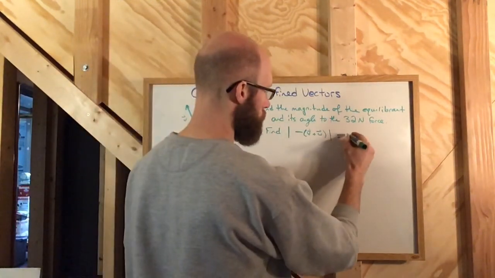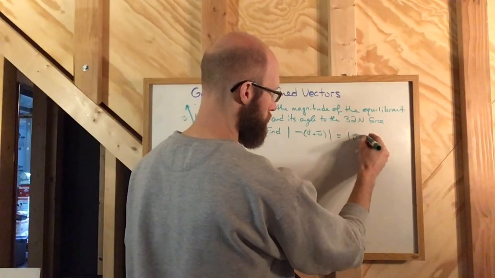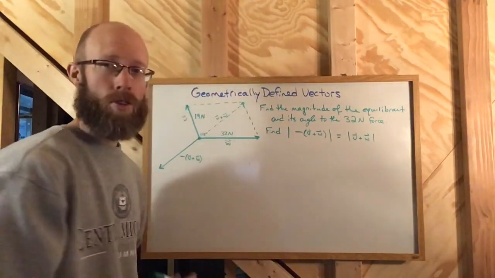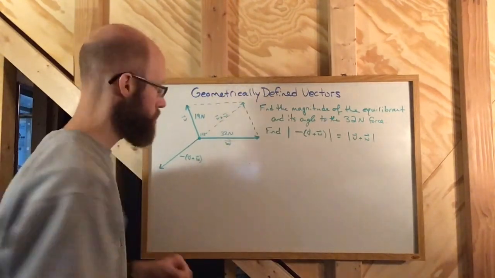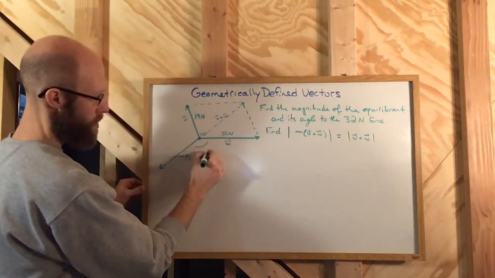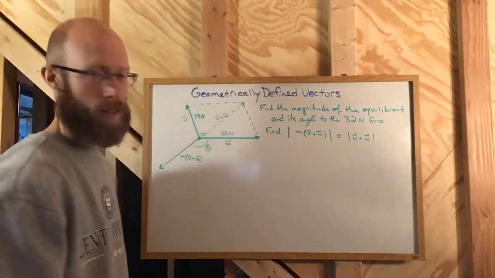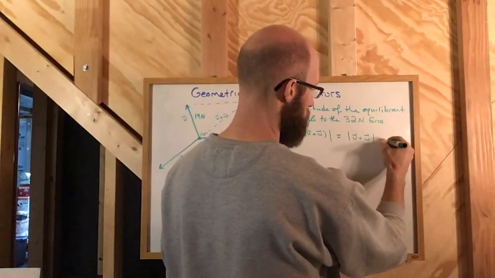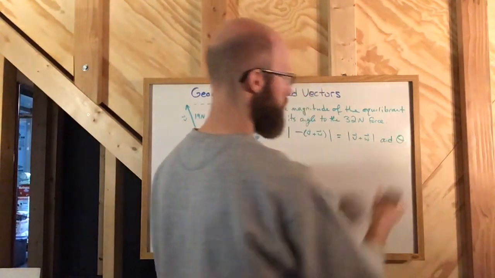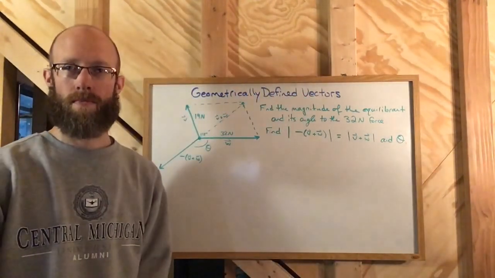So that's actually equal to just the magnitude of V plus W. But then we also want to find the angle that it makes with the 32 Newton force. So in other words, what is this angle here? I'll call that angle theta. So I want to find the magnitude of V plus W and theta. I want those two things.